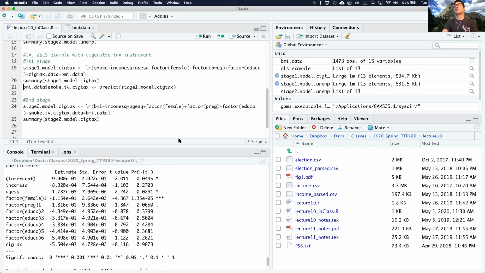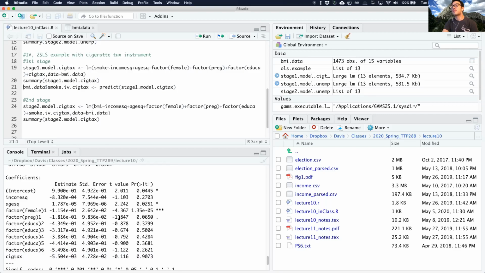When I look at the summary of the first stage, ideally you'd want all of these to be statistically insignificant, except for your cigarette tax. And that's not always the case, because you may sometimes just randomly have correlations between your instrumental variable and some of your explanatory variables.